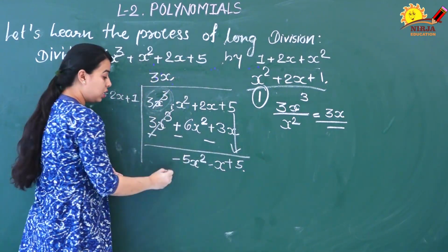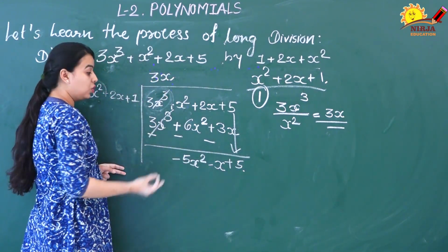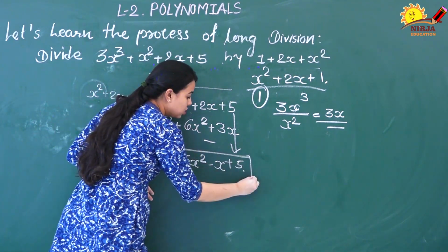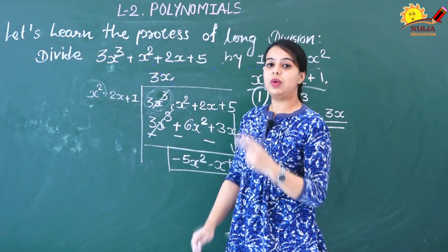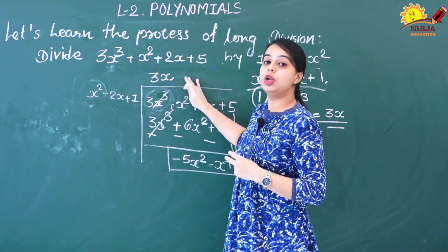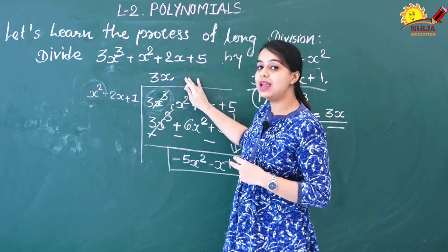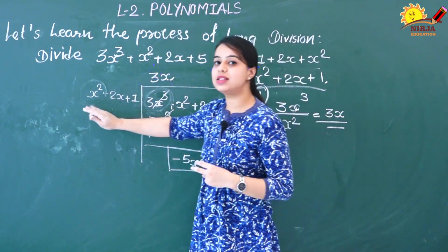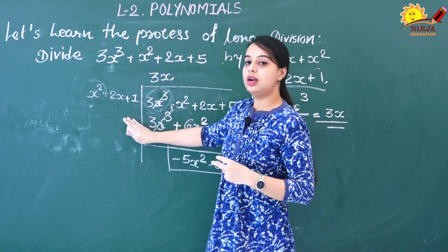So my dear student, whenever you do any process over here, you need to consider this new dividend. Now let's move further. To obtain the second term of the quotient, you need to divide the highest degree term of the new dividend by the highest degree term of your divisor.